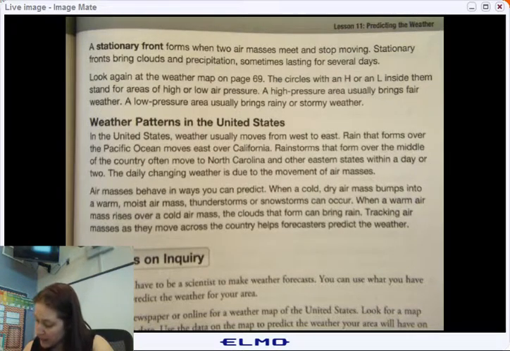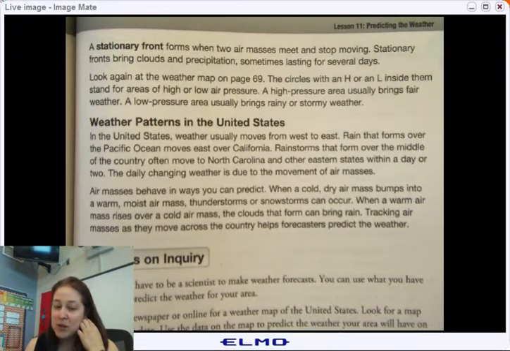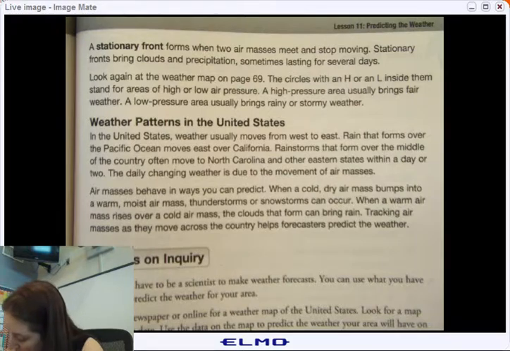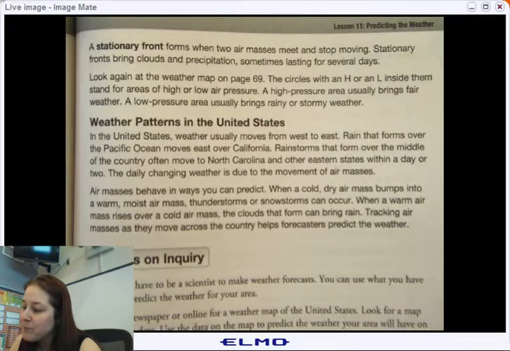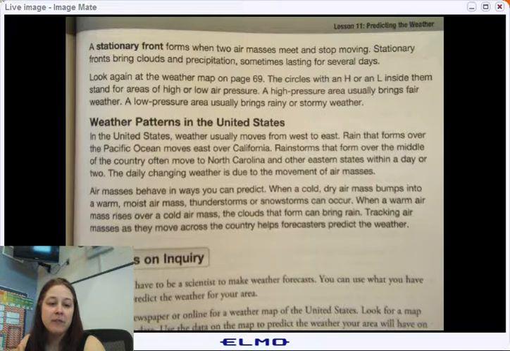So, in the United States, weather usually moves from what direction to what direction? First paragraph. West to east. Air blank behave in predictable ways. Air what? Second paragraph.